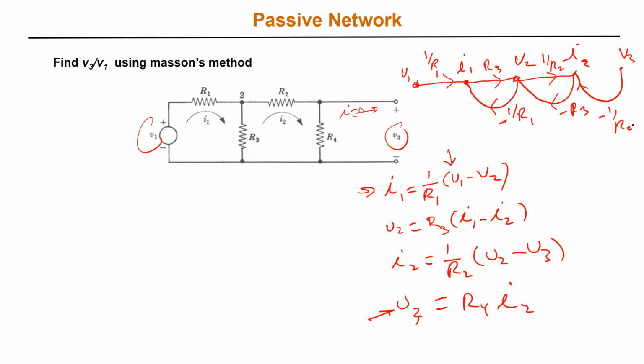What about V3? R4 times I2. R4. And this is my signal flow graph.